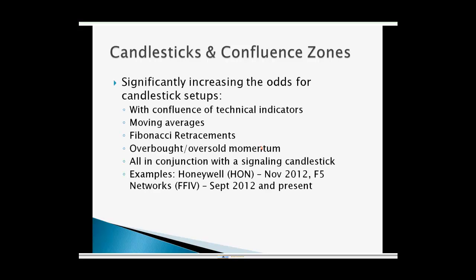Some of the things I use are moving averages, Fibonacci retracements, overbought, oversold momentum, all in conjunction with the signaling candlestick or the signaling investor sentiment that we got on that day.